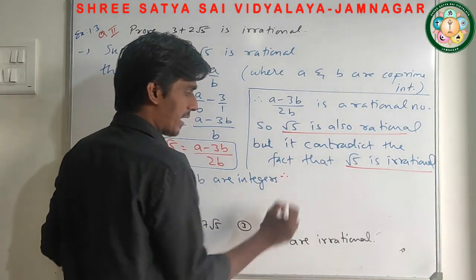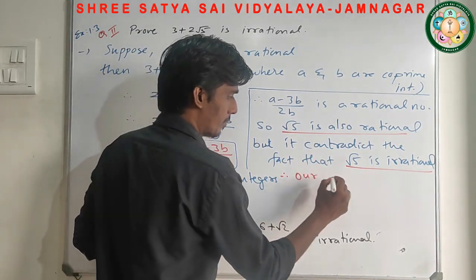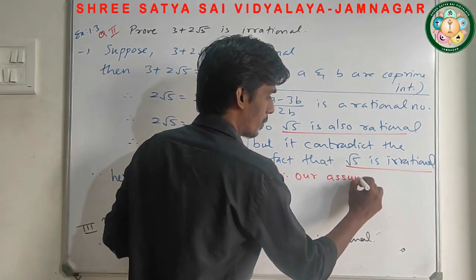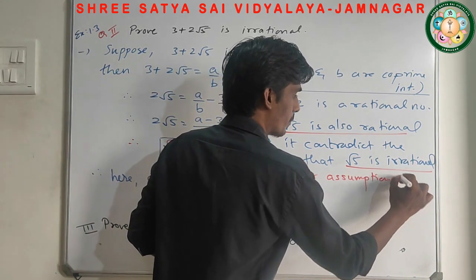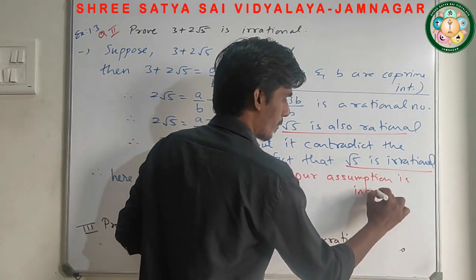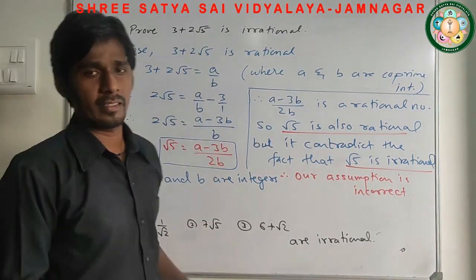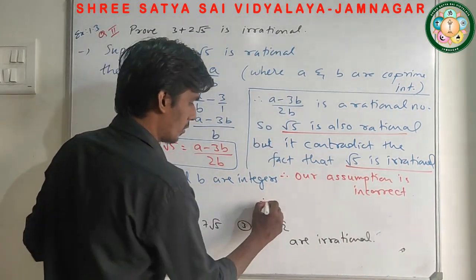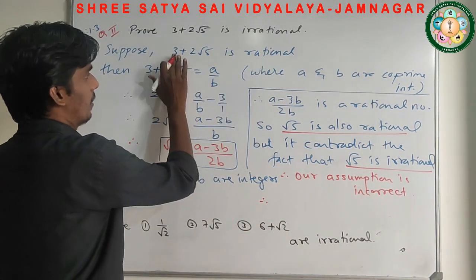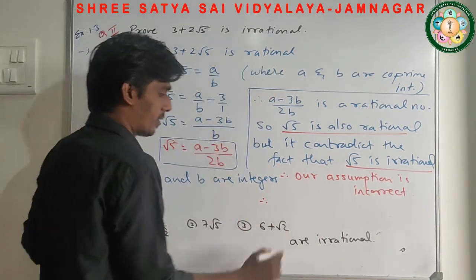So we can say that our assumption is incorrect. जो हमने assume किया है, that is incorrect. Therefore, हमने सर क्या suppose किया? Suppose 3 plus 2 root 5 is rational.